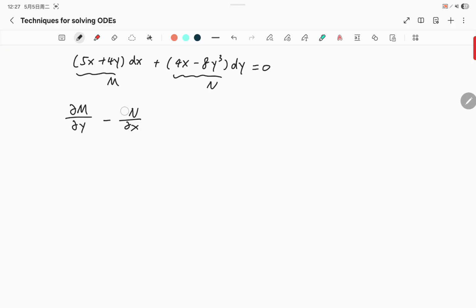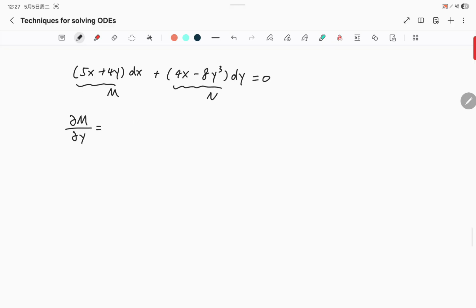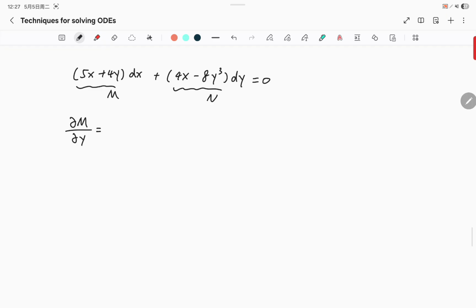Right? So let's do M. How do you do a partial derivative with respect to y? When you see y, you do a normal derivative. When you don't see y, let's say this 5x, treat it as a constant, and the derivative of a constant is just 0. So basically, if you don't see y, ignore that term. Simple as that. When you see y, do a normal derivative.